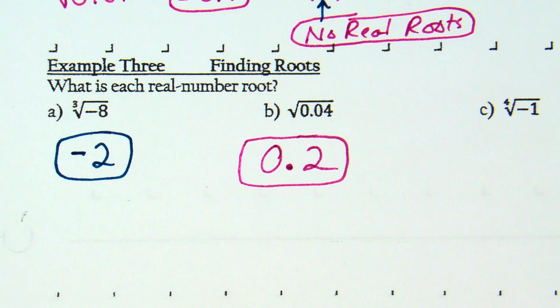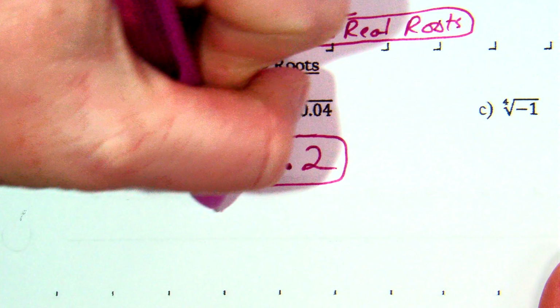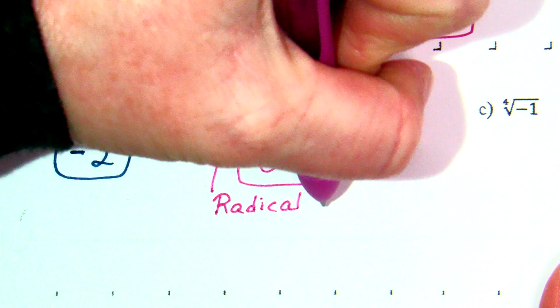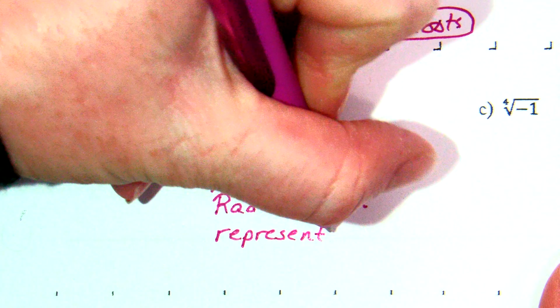And I'm going to write a note down here so that you have it. My note's going to say: radical sign represents only the positive root. And I'm going to comment then in an even root.